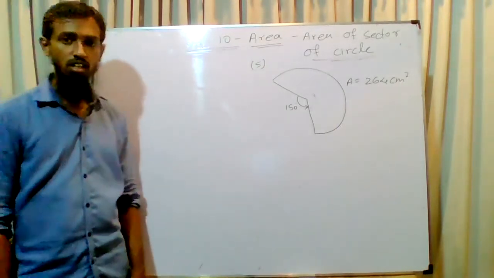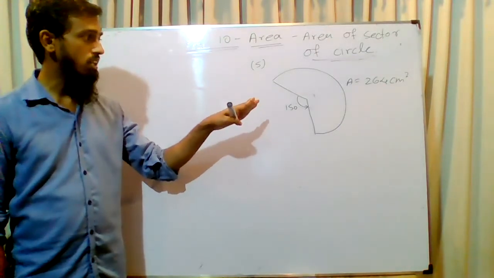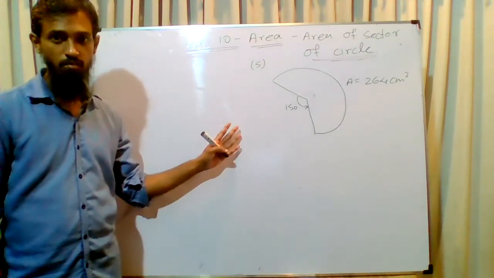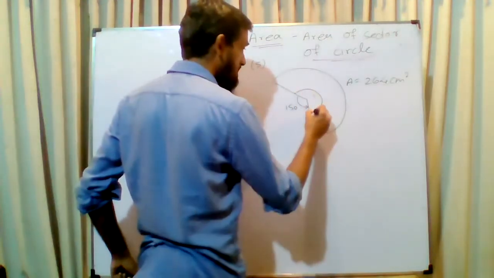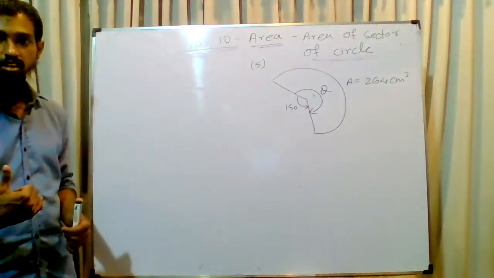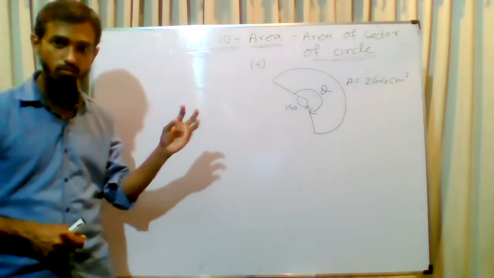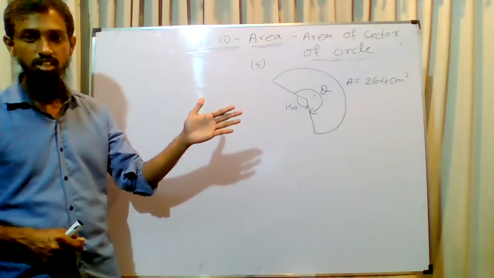In this sector, if you observe it clearly, the angle at the center of the sector is not given. The angle of the sector is inside the sector. It's not the outside angle, but the outside angle is given. So we need to find first what is the angle at the center.